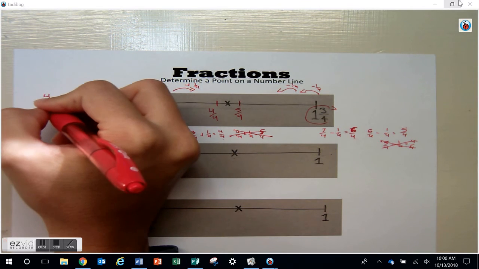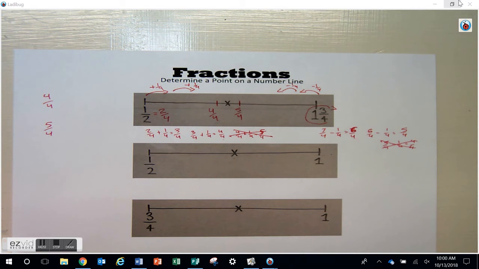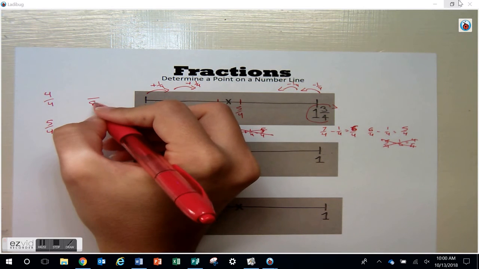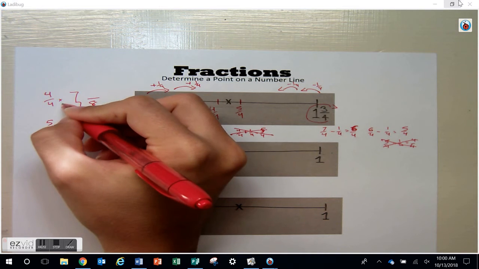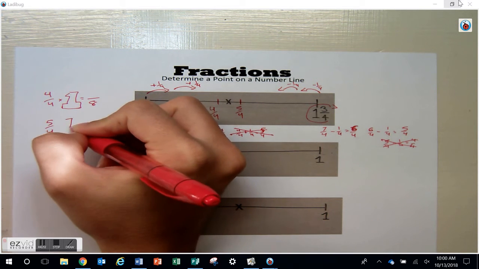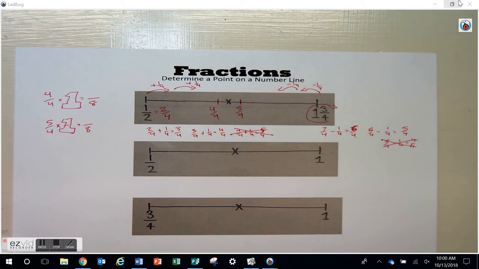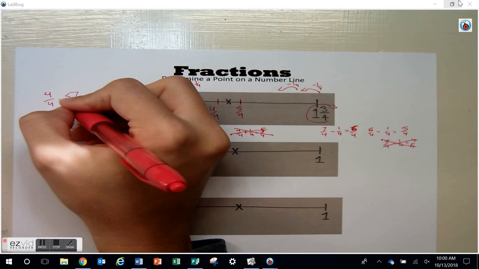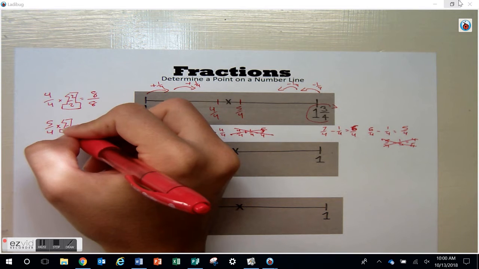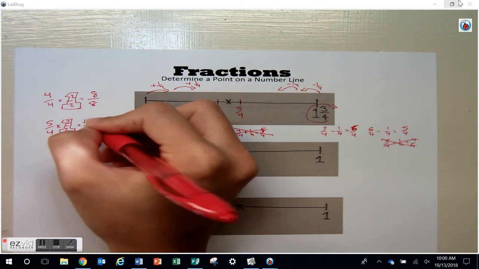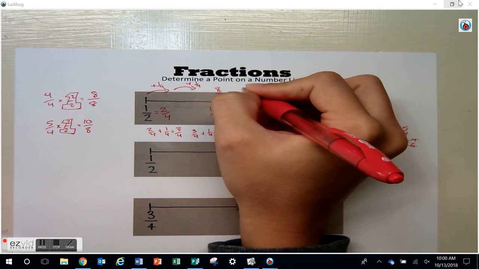Well, I could use 8ths. I could break it up and I could use 8ths. That way I can get closer to that midpoint. Well, 4/4 as 8ths would be 8/8. 5/4 as 8ths would be 10/8. So if this is 8/8 and this is 10/8, what comes between 8/8 and 10/8?